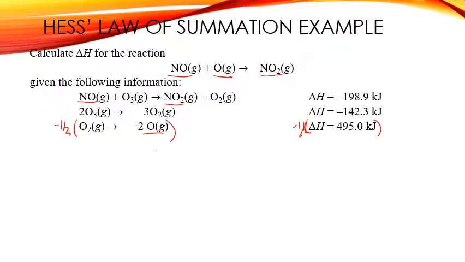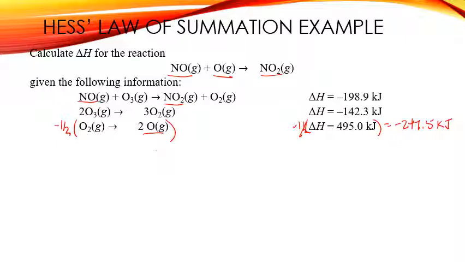And when I do that, I end up with a value of negative, I believe that's 247.5. And so now by flipping that, I now have the O2 as a product, whereas in my other reaction, I have O2 as a product as well, so I need to flip it.